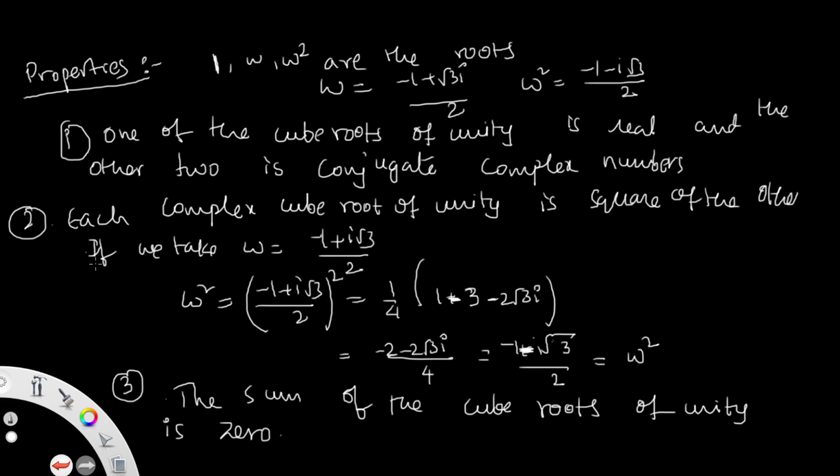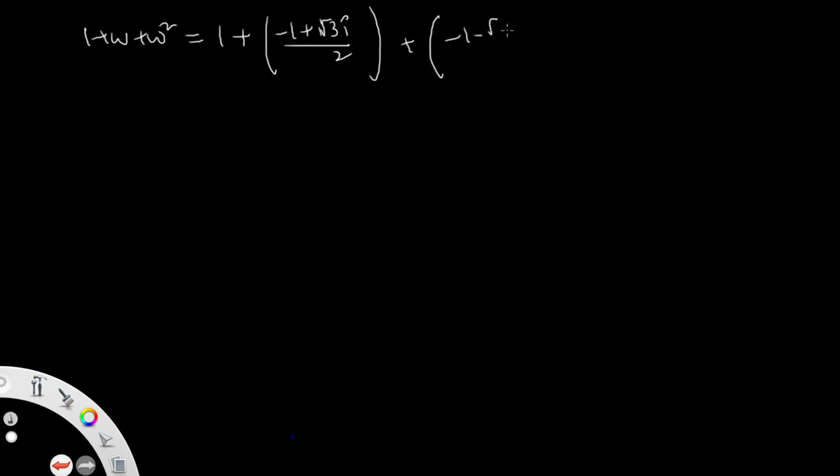And the third property is the sum of the cube roots of unity is 0. So we have to derive whether it is right or wrong. That is 1 plus omega plus omega square: 1 plus minus 1 plus I root 3 by 2, and the second one is minus 1 minus root 3 I by 2.